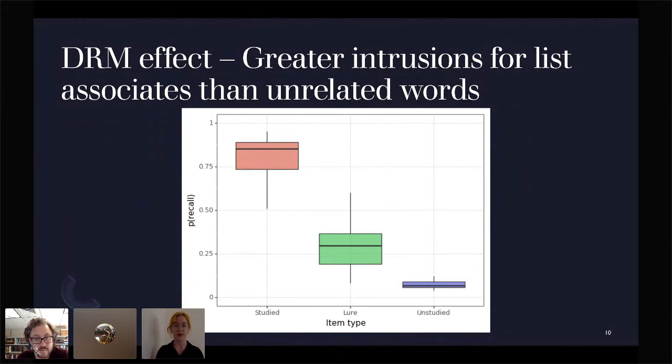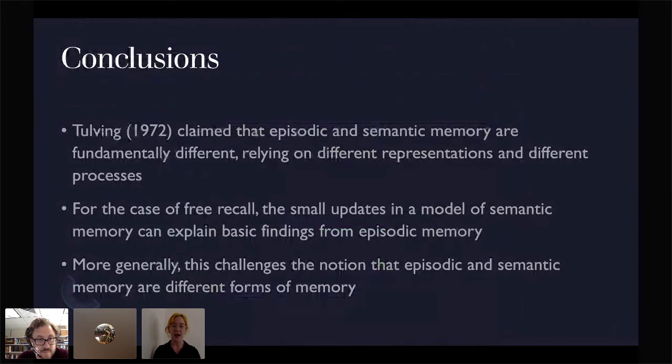So the model is capturing a wide variety of effects, and I think that this provides a really compelling account that you can integrate episodic memory and semantic memory into a single framework. Even small updates in a model of episodic memory or in a model of semantic memory can give you these basic findings. And more broadly, I'm really excited about challenging the notion that episodic and semantic memory are completely dissociated, and I'm really interested in pushing the envelope on this as we go forward.